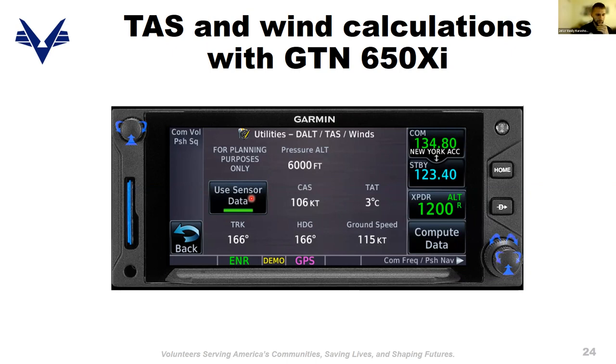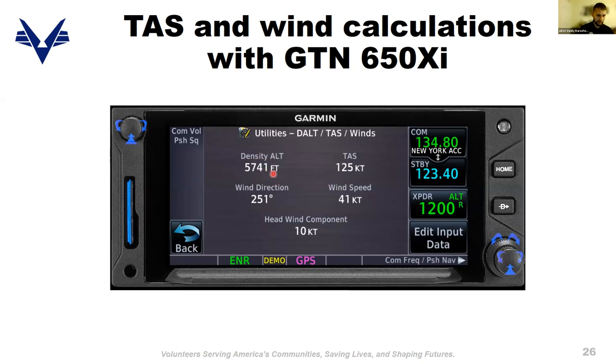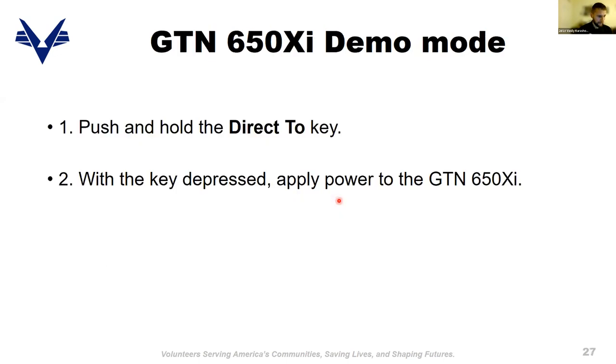For most 172s, not that much data can be supplied to the G1000, so you have to pretty much enter them manually. After you have done it, you click compute data, and you can see your density altitude, your true airspeed, wind direction, wind speed, and head or tailwind component, which is pretty nice.